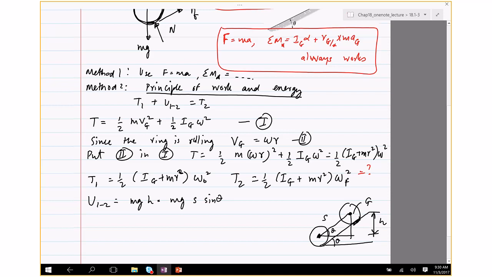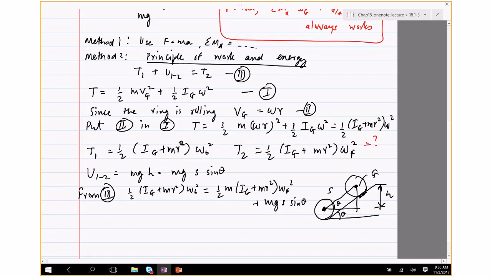We have, let me call this 3. So from 3, I'm going to put the values which I found: half times Ig plus mr square, times omega 0 square, equals half times Ig plus mr square, times omega f square, plus mgs sine theta. Okay, the inertia Ig for a disk is mr square divided by 2.